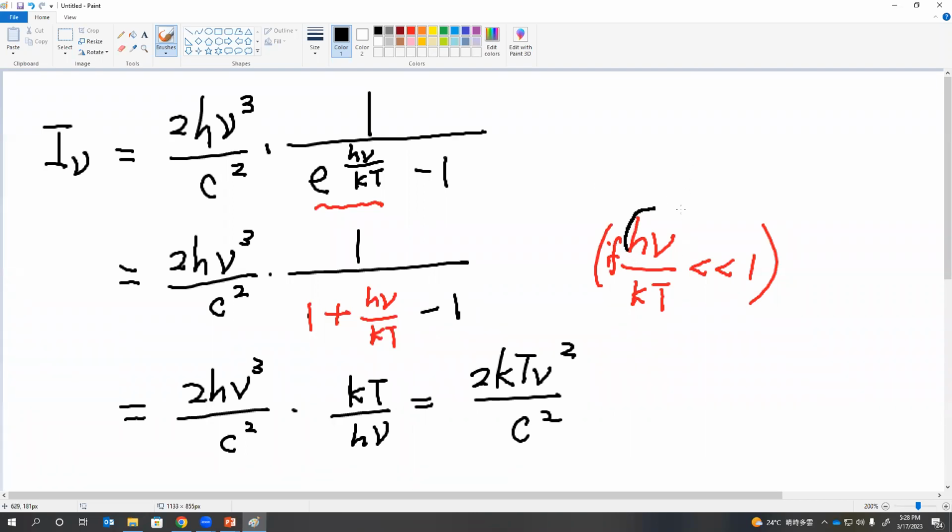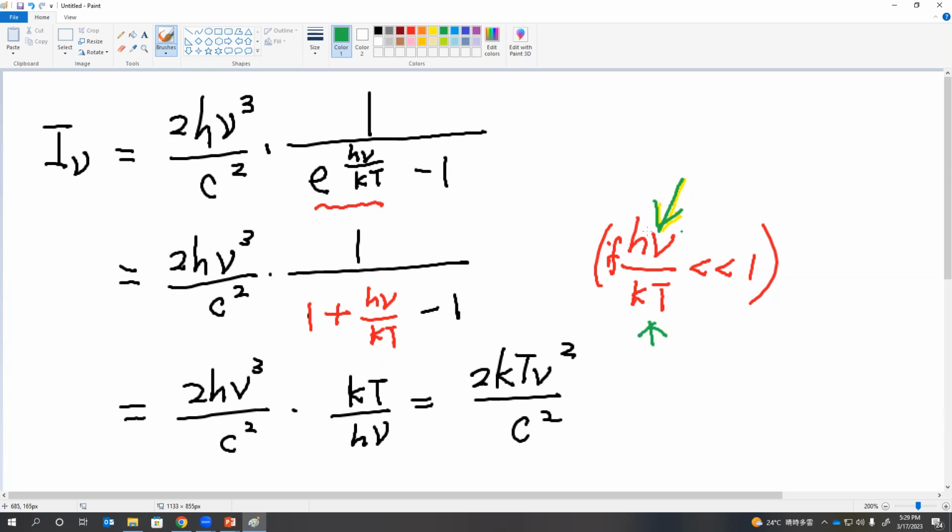As I mentioned before, h nu, corresponding to the energy of the photon, is very small compared to k times t, the thermal energy.